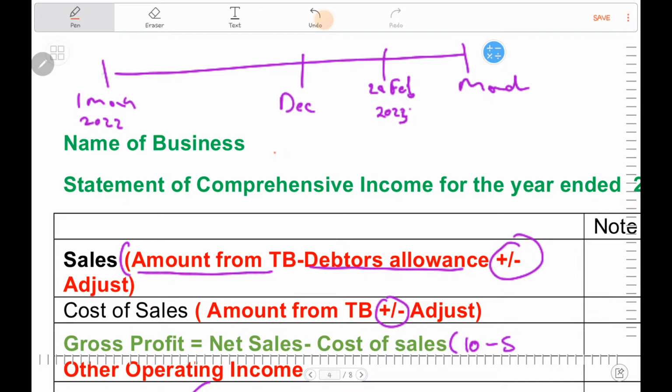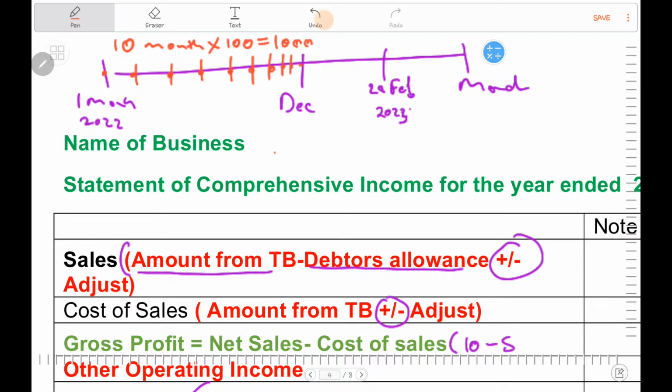For March, April, May, June, July, August, September, October, November, December, how many months? 1, 2, 3, 4, 5, 6, 7, 8, 9, 10. Meaning that 10 months before the decrease, each month will be 100%. So the total percentage of those months will be 10 months multiplied by 100%, which gives us 1000%.